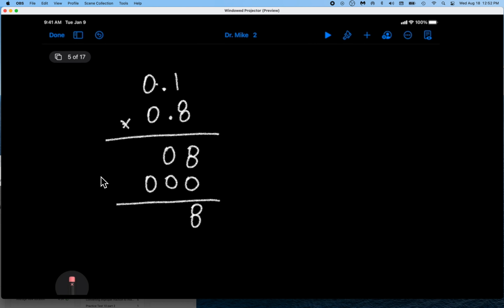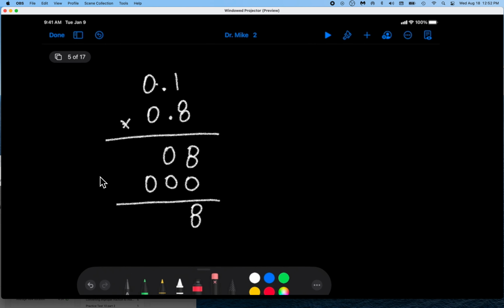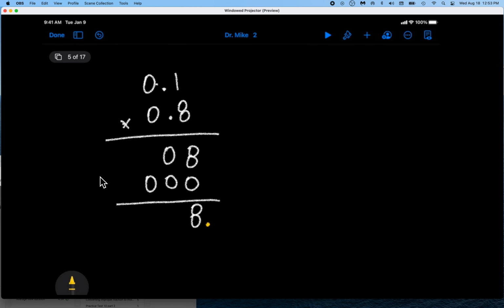Now, you got to deal with the decimal place. The decimal place starts here. Because of these decimals up here, we're going to have to move it. How many places do we move it to the left? 1, 2. There are 2 digits located to the right of the decimal place in the entire complex. So we're going to go this way 2 places.